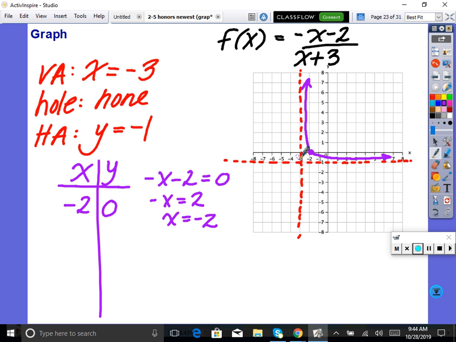So I'm going to go on this side of my vertical asymptote and try to figure out, well, if I plug in -4, what is my point? Plug in -4. That would be 8 minus 2, right? 6 on top. And then on bottom, -1. So what's the point? (-4, -6). So I know it's down right here.